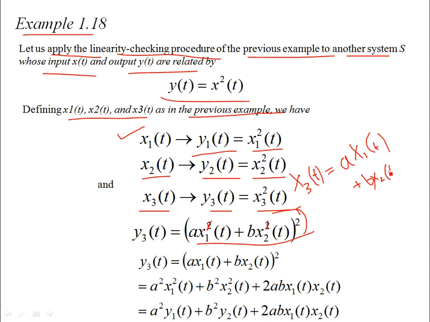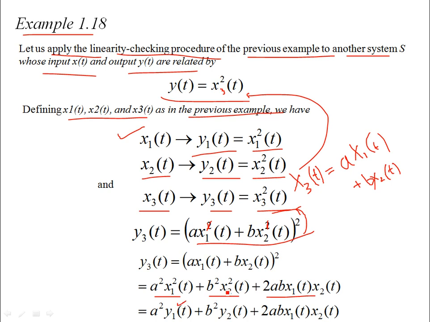Now if you apply x3(t) to this system, the output becomes x3 whole squared, so you have (a x1 plus b x2) whole squared. When you open this square, there are three terms: a squared x1 squared, b squared x2 squared, and then twice ab x1 x2. Note that a squared x1 squared is due to the input x1, so you can write this as a squared y1.